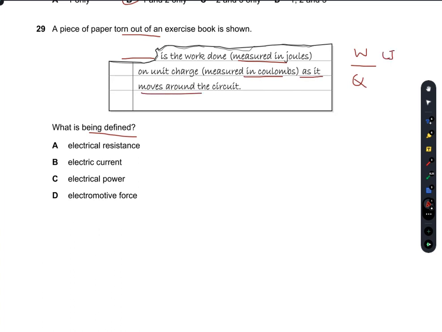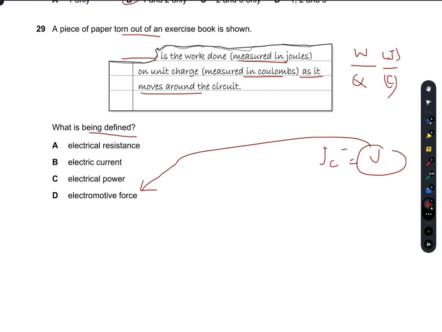So the unit is joules per coulomb, that is V, used for voltage and electromotive force. And electromotive force is the work done by the battery on the unit charge as it moves through the closed circuit. So D is the right answer.